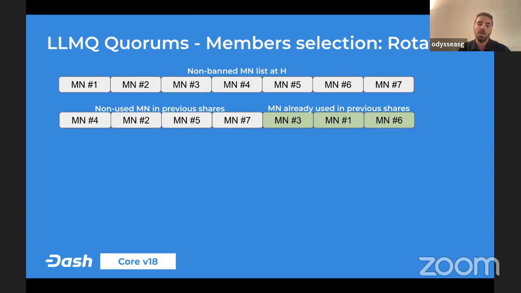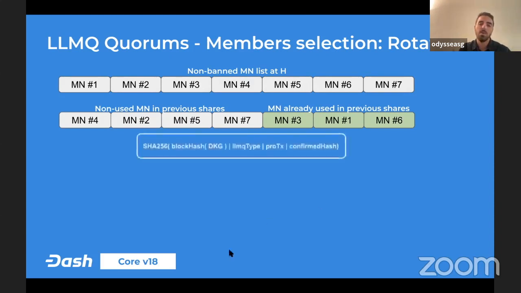And also, before concatenating those two lists, we sort them individually by a combination of, again, the block hash where the DKG session started, the LLMQ type, the protx of each masternode, and the confirmed hash.